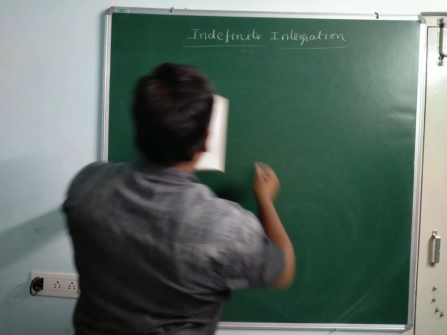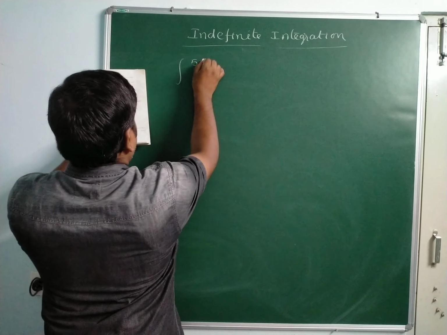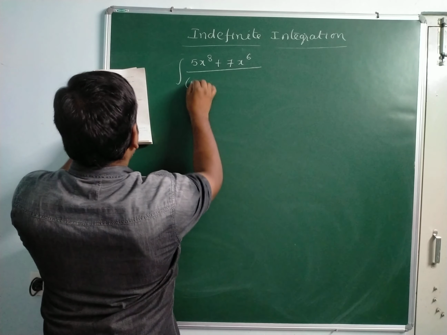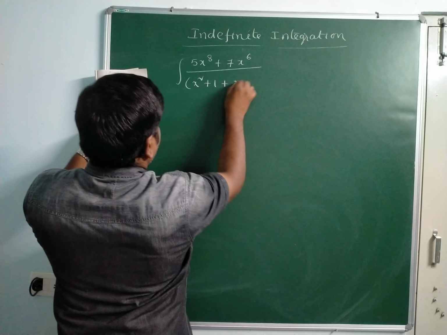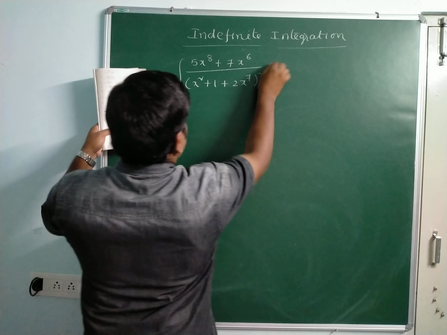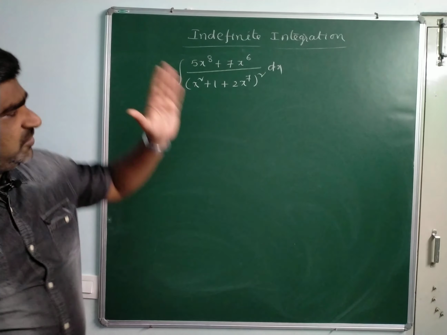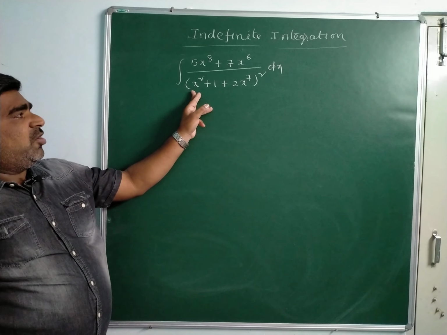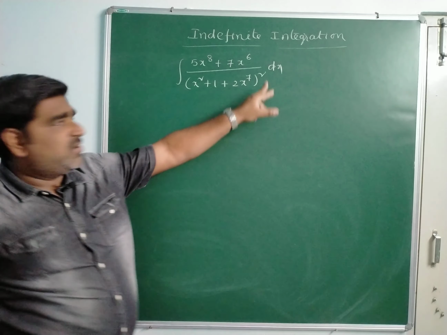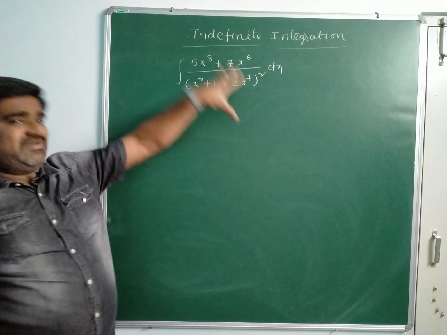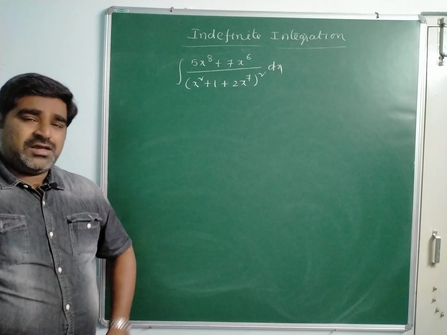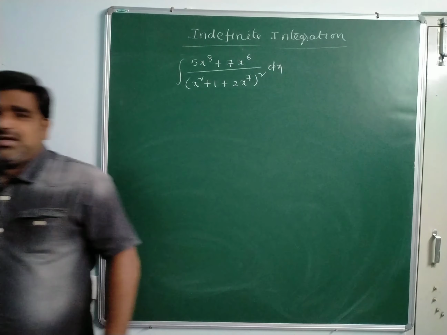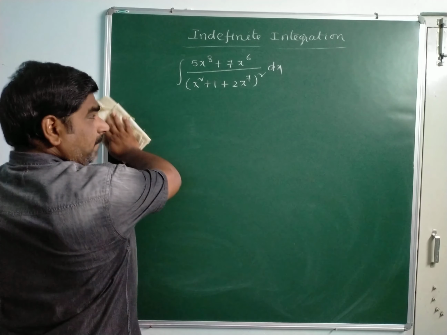Integral of 5x to the power of 8 plus 7x to the power of 6, whole by x square plus 1 plus 2x to the power of 7, whole square dx. Similar model question. Okay, do it and post the answer in the comment box. I will wait for it.